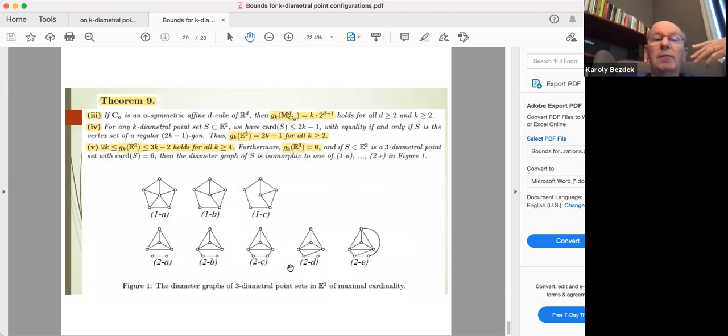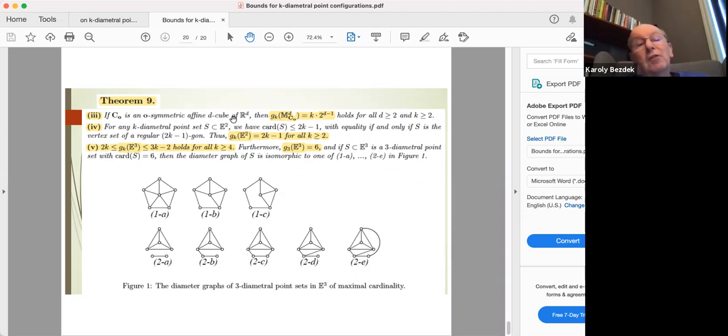The problem becomes equally interesting when we turn to k-diametral point sets in a given d-dimensional Minkowski space. Well, if the norm is the L infinity norm, then we know the largest cardinality of a k-diametral point set, namely that is k times 2 raised to d minus 1.